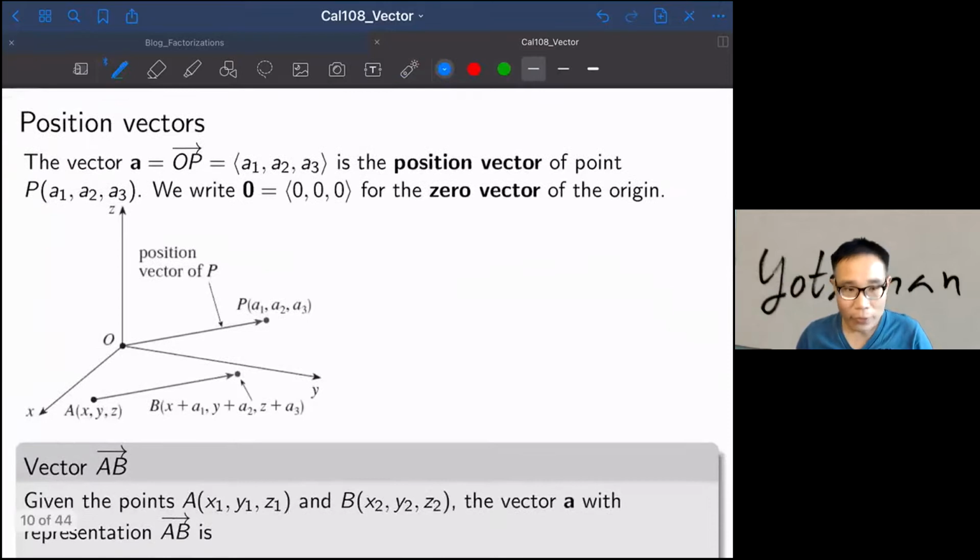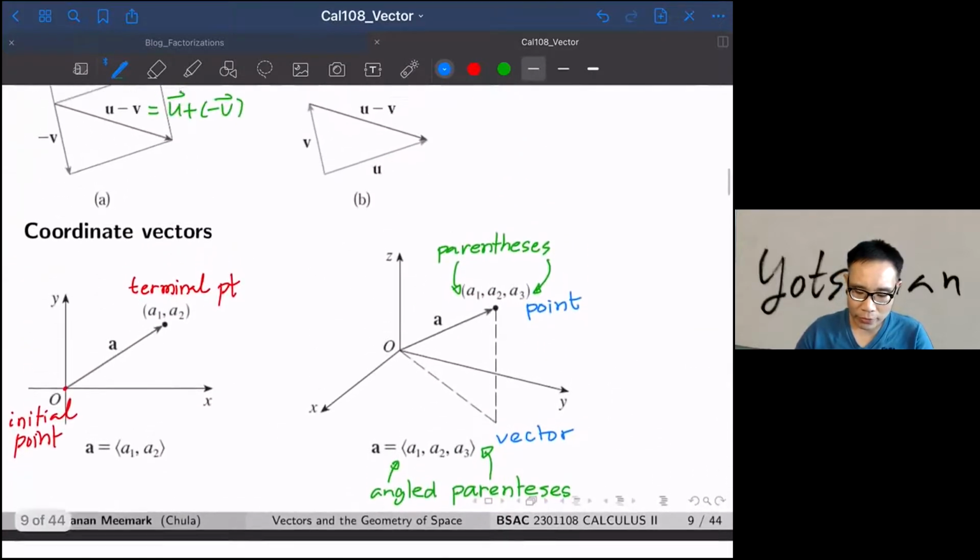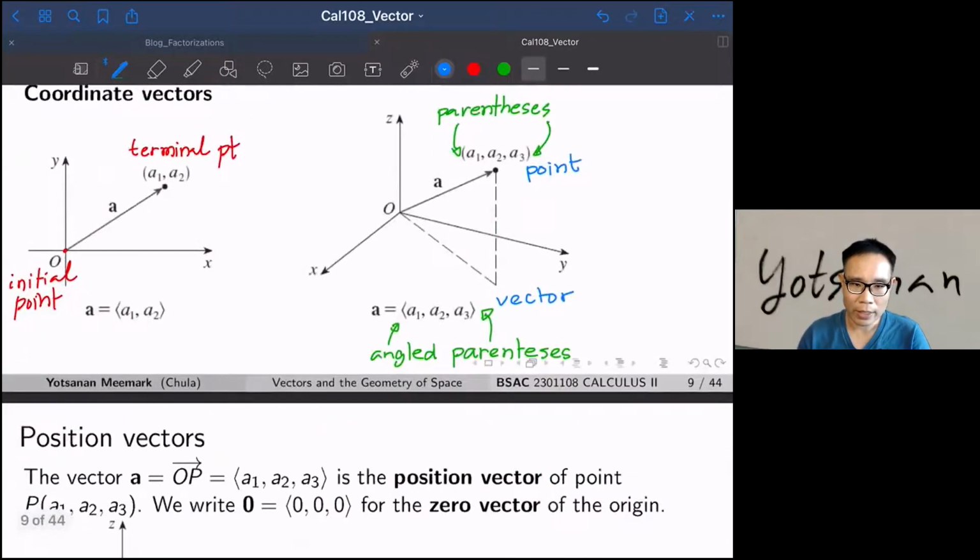The next one that you mostly use in calculus or in physics is going to be the position vector. The vector A that we studied before can give you the point, or can give you the thing called the position vector. So this one can be called point A1, A2, A3, and it is not the same as the vector A1, A2, A3.